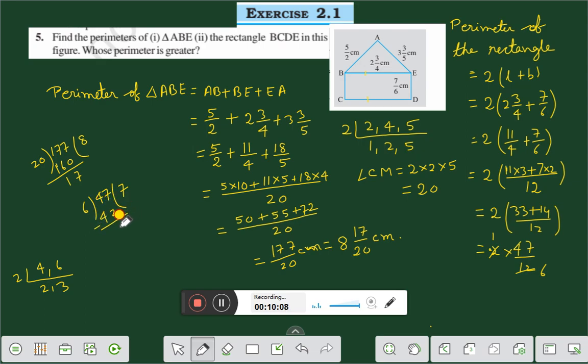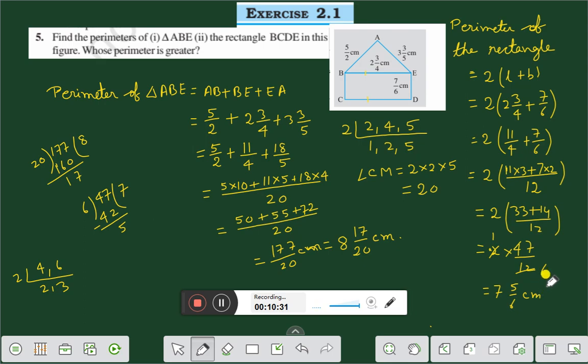If we subtract, 47 minus 42 is 5. That is, we are getting 7 whole 5 by 6, 7 whole 5 by 6 centimeter.